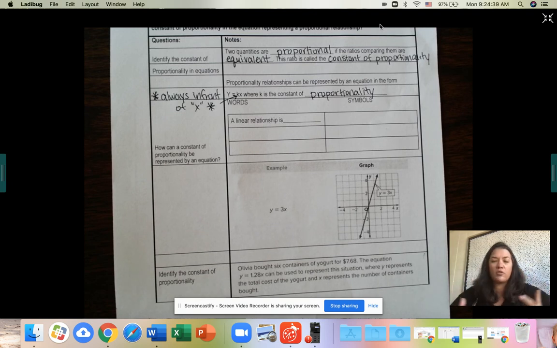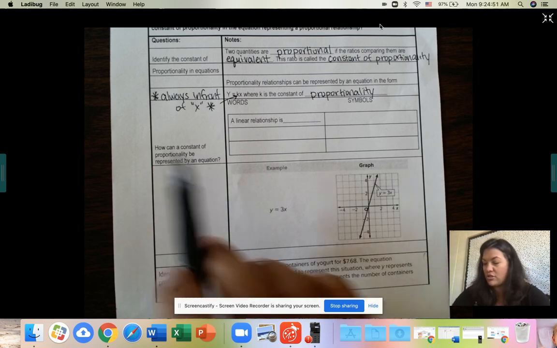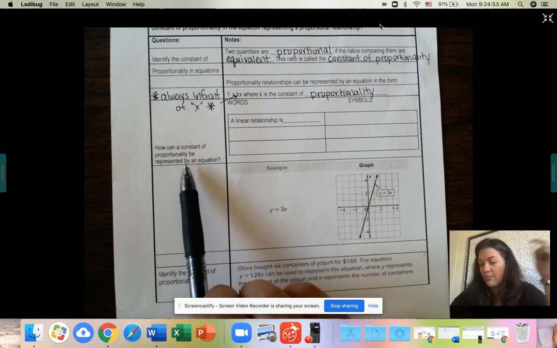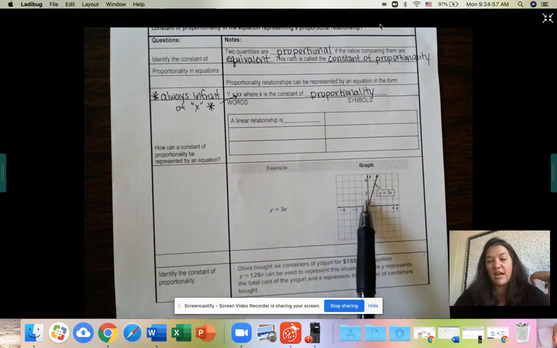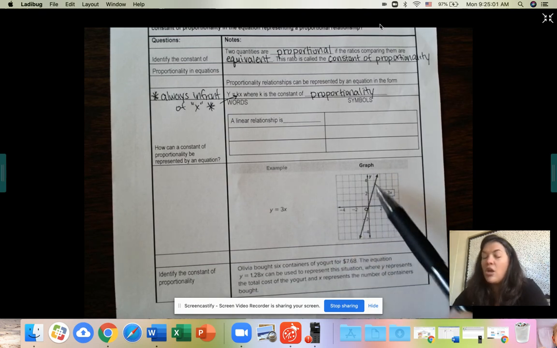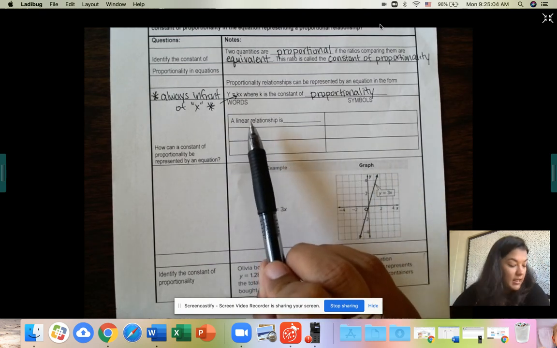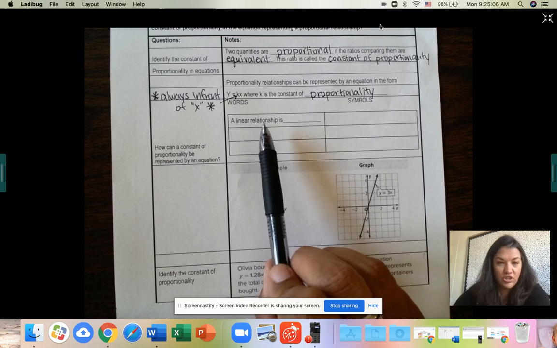You've looked at graphs of proportional relationships, and you realize that they are straight lines that have to go through the origin. So how can we represent that as an equation? How can the constant of proportionality be represented? You'll notice that this line down here is a straight line. It does go through the origin. We're going to represent it as a linear relationship.